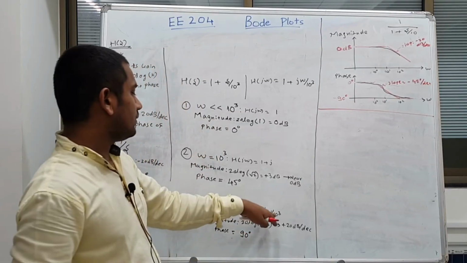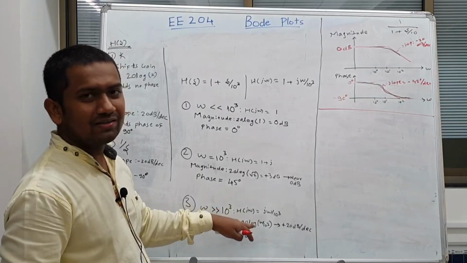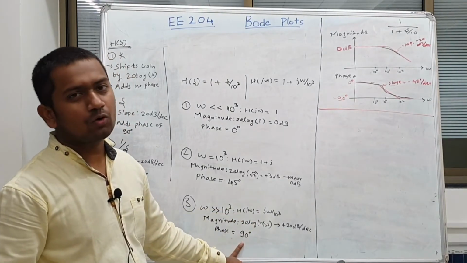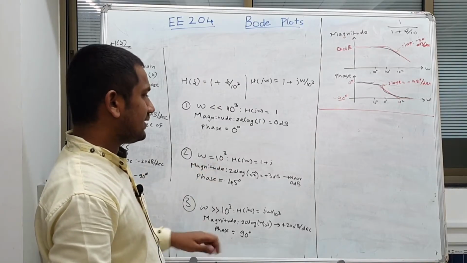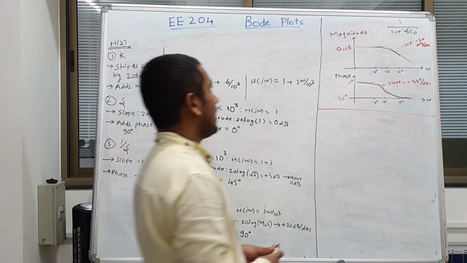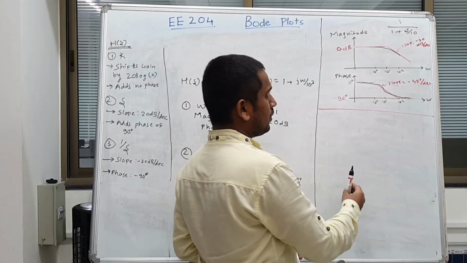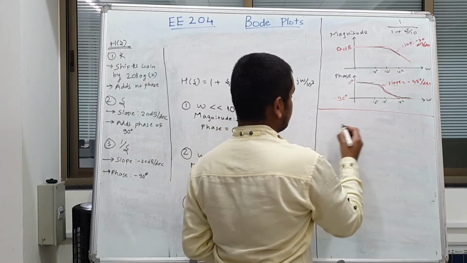You can also write tan inverse of imaginary by real and check that the phase will come out to be 90 degree.